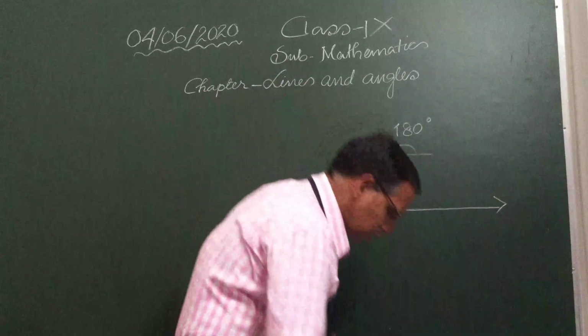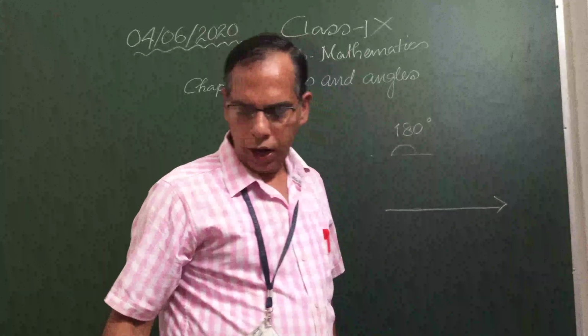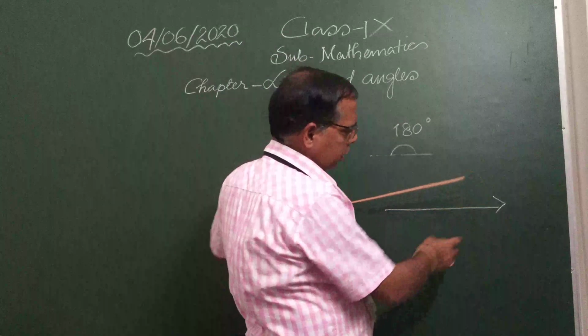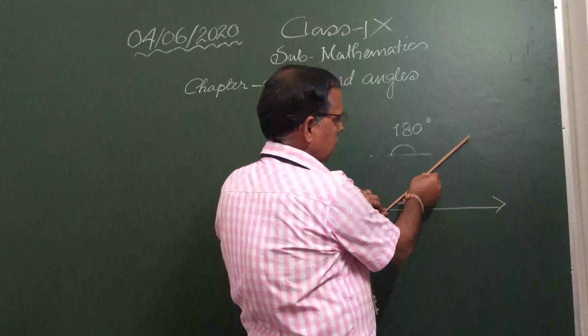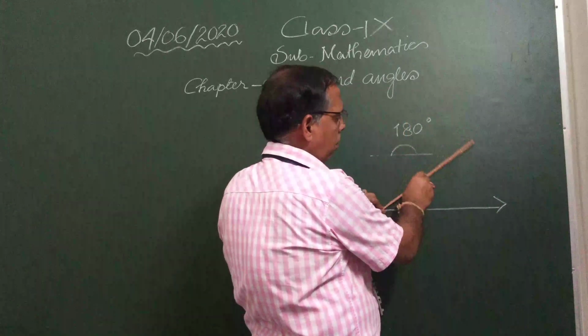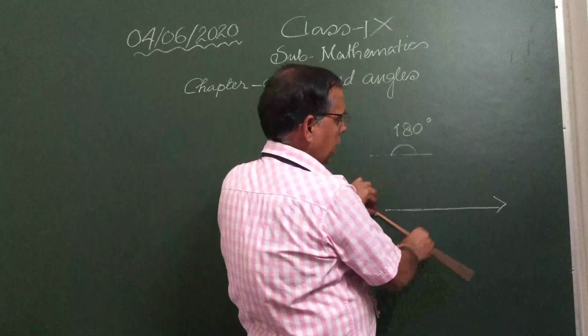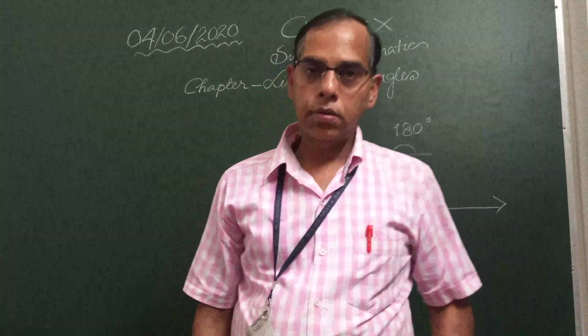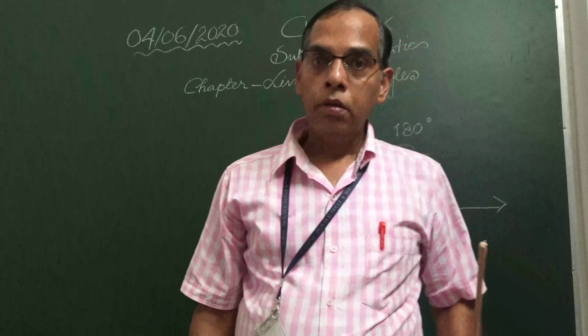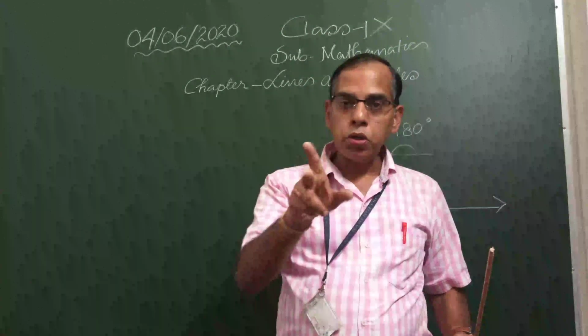So that means, my dear students, this is one ray, this is another ray, and if I rotate, then an angle will form. Clear? So first of all, angle, and then rotation of the two rays.